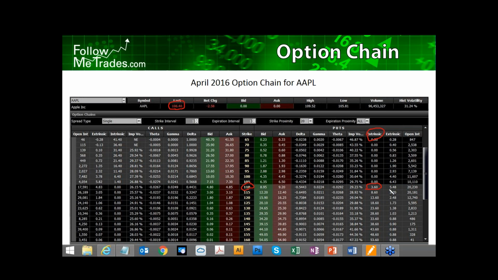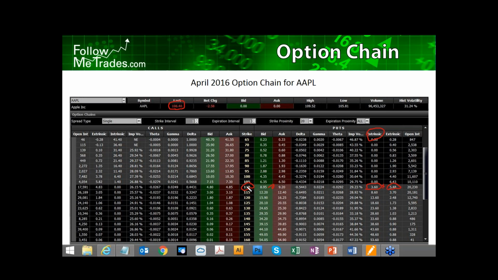And it also has extrinsic value. This means the market believes, because of the volatility and stuff like that, that this thing could go much lower. So the premium that you pay is the sum of these two. You pay for the intrinsic and the extrinsic value, and they land between the bid and the ask.